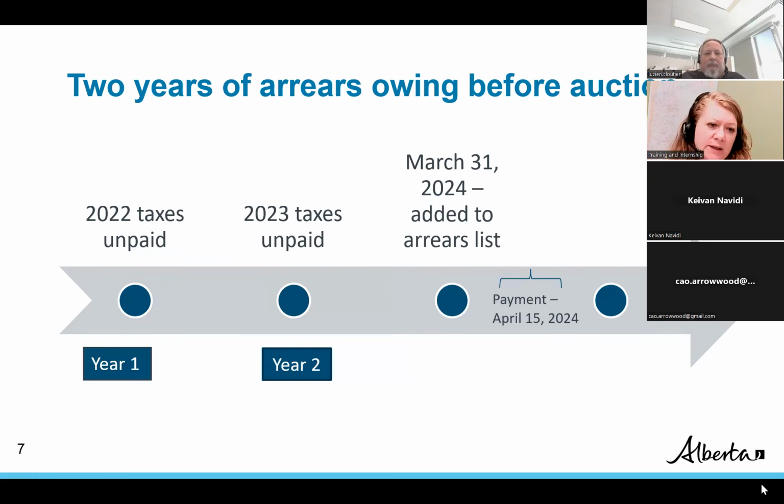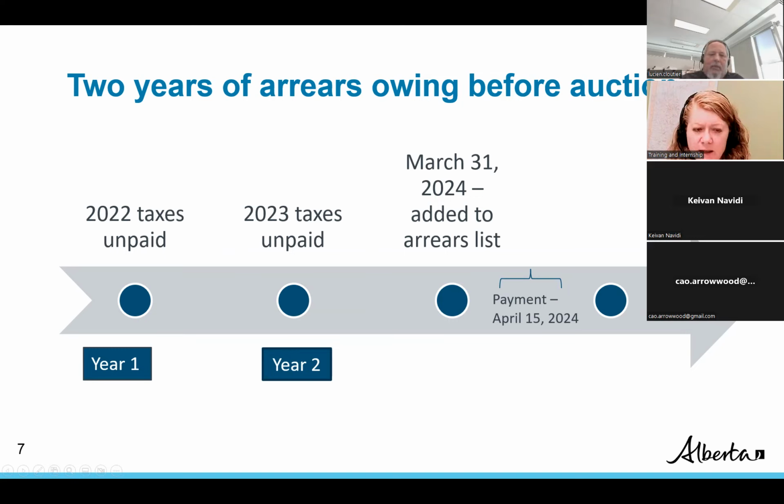So let's continue to discuss the timelines, assuming the arrears remain unpaid. Section 415 says that all tax arrears must be paid by the following March 31st in order to stop the auction process. The amount that someone will have to pay is going to change during the time periods that follow throughout this process. So when the payment is made will determine the balance the owner has to pay to avoid auction.